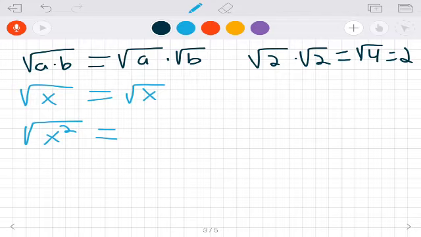Now we do have to be careful about this. The square root of x times the square root of x should equal x, which is generally true.